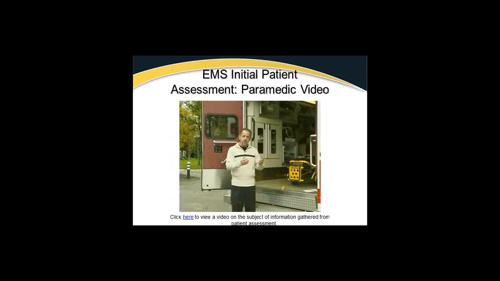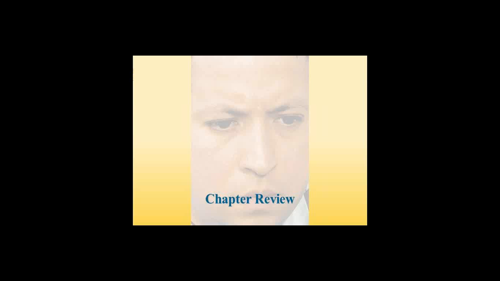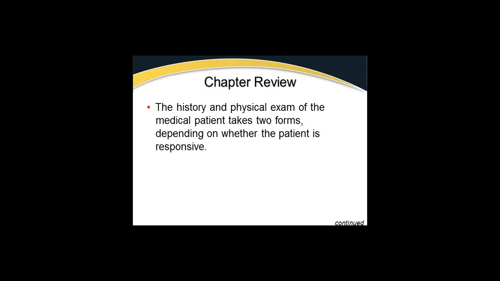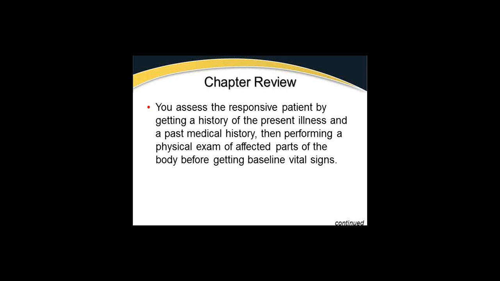So you have a video, our chapter review. History and physical exam of the medical patient takes two forms depending on the patient's level of consciousness. You assess the responsive patient by getting the history of the present illness and the past medical history, doing a quick focused exam on the parts that they're telling you, and then getting your vital signs.